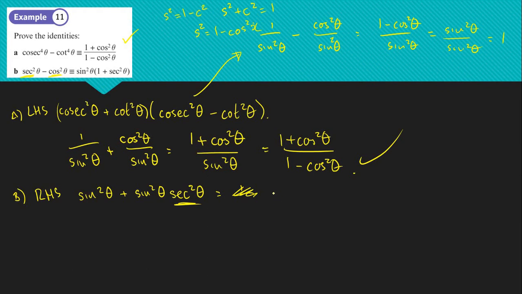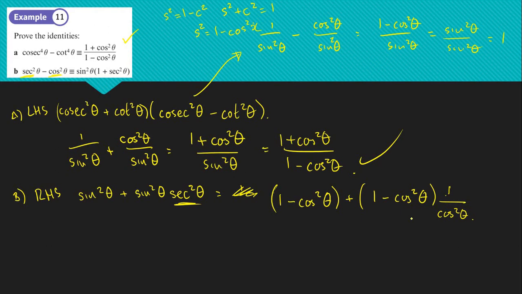Okay, so what I've actually got is 1 minus cos squared theta plus 1 minus cos squared theta, lots of sec squared theta, 1 over cos squared theta.